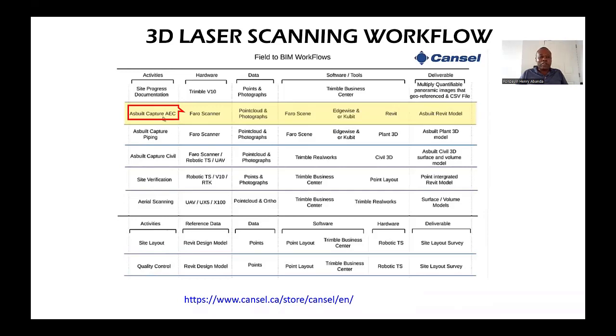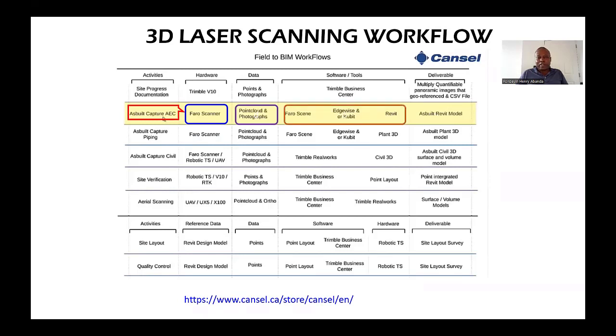Of course, the activities to capture the as-built model. So we use a Faro Scanner to scan the building. And the next step is to get the point cloud from the scanner that's scanning the building.